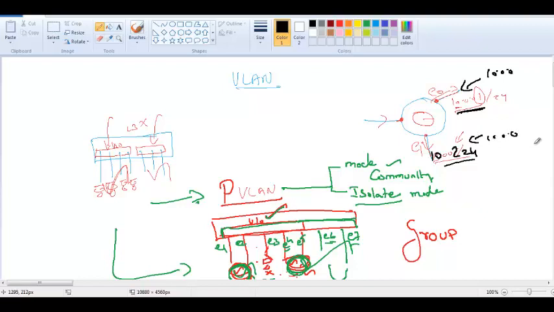Only the host portion is different. The first 24 bits are the same. So the router will say this and this are the same, and it cannot be configured. The same network cannot be configured on two interfaces. You need to have different networks.